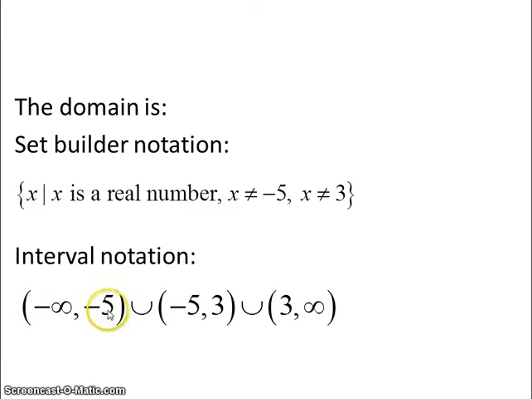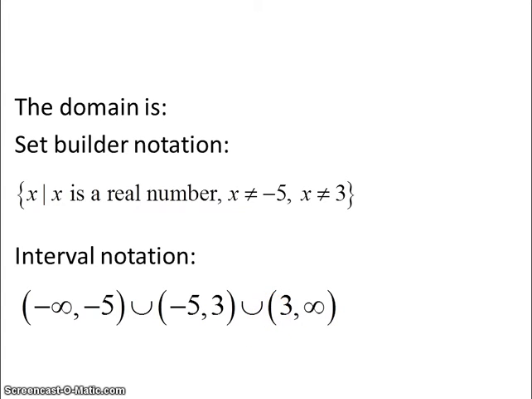So -∞ to -5, parentheses saying -5 is not in this interval. We're going to union that with -5 to 3, again parentheses saying that those numbers are not in our intervals. Union 3 to infinity, with one more parenthesis saying 3 is not in our interval. So that is going to be our domain.